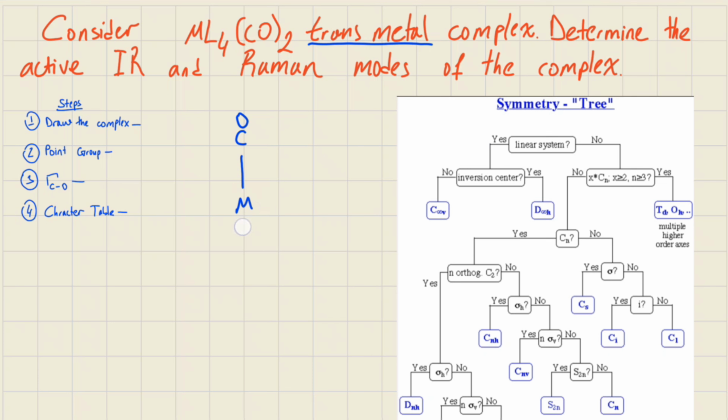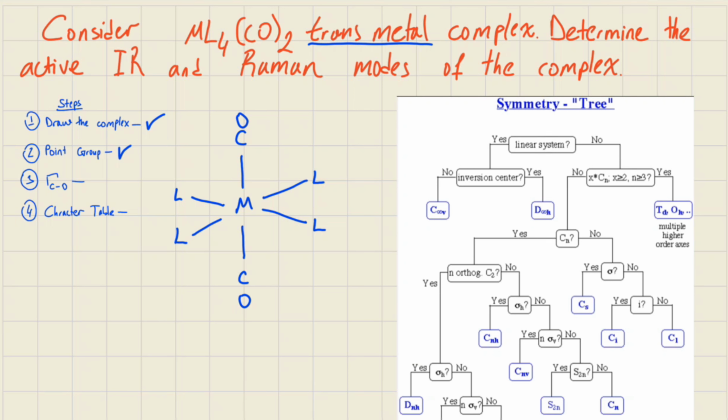We have a metal, and we have another CO, and we have 4 ligands. So we have to find the reducible representation for this molecule, and to do that we draw the complex, and I need to find the point group.